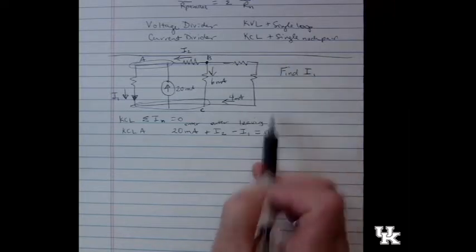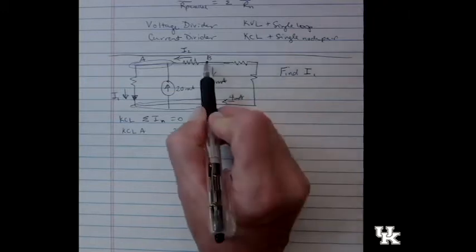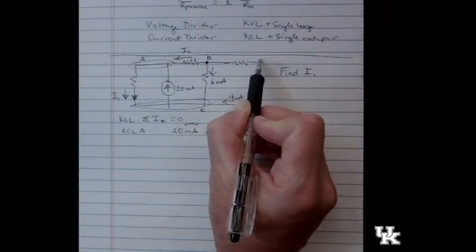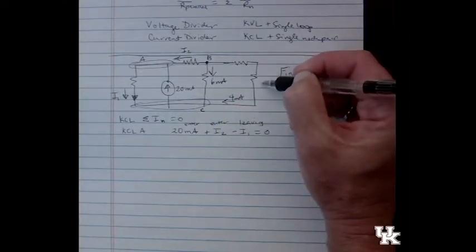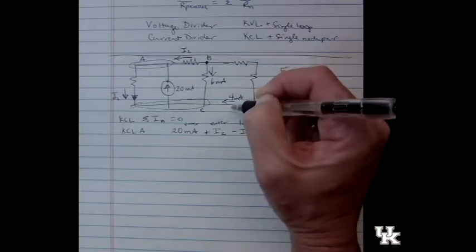Or was there anywhere else it could have split off, any other nodes where it could have gone away and split up? So if I back up to node B and I say, well, if this is 4 milliamps, it's going to go to this corner, and it only has one place to go. It's going to go down, and it's going to go to this corner, and it only has one place to go, so it's the same 4 milliamps.